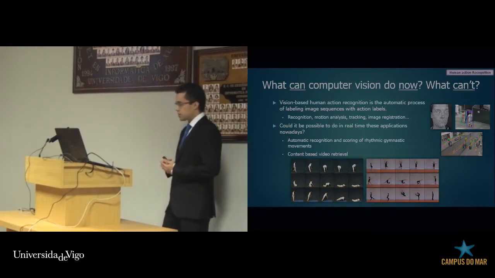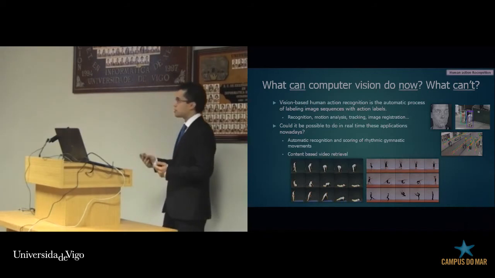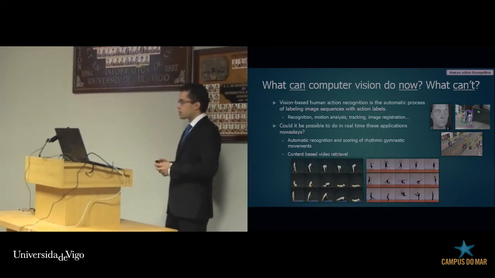But the question here is, there are a lot of different works doing that, but is it possible to go to bigger applications, like for example scoring of sports, scoring rhythmic gymnastic movements automatically with software, or content-based video retrieval.